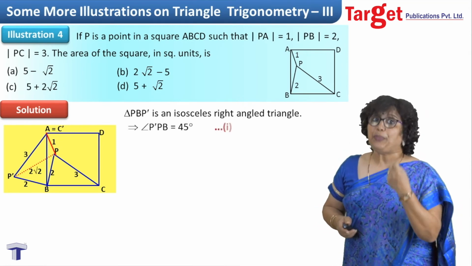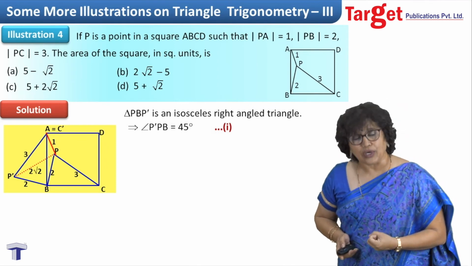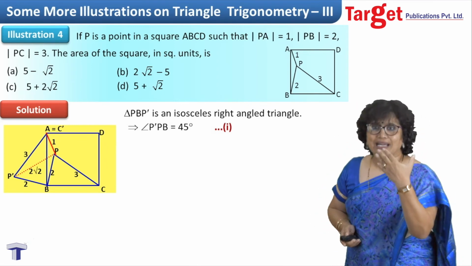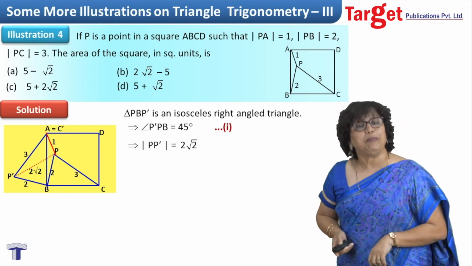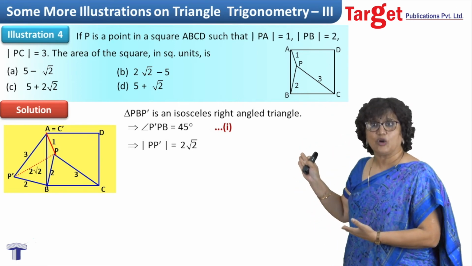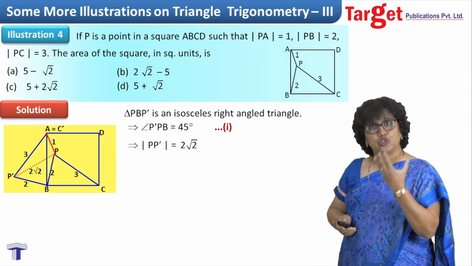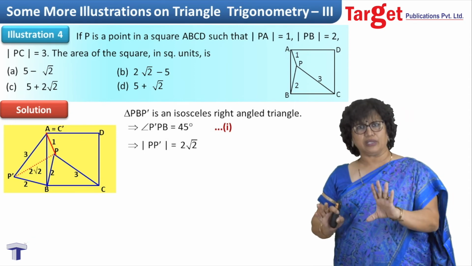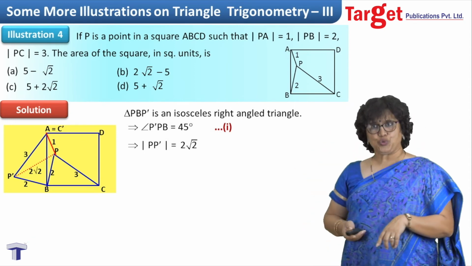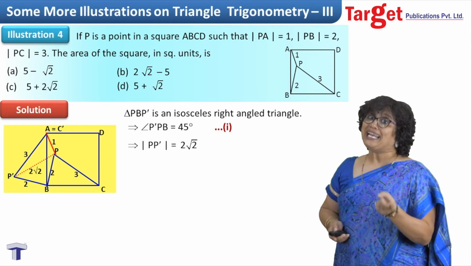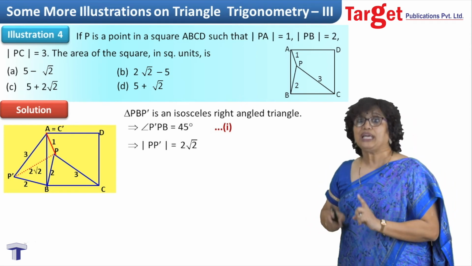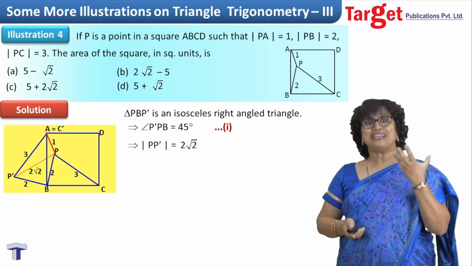So angle P dash PB is 45 degrees. Also, what other things can you see? Since P dash PB is a right triangle, I can also write PP dash using Pythagoras theorem. I have got that as 2 root 2. Length P dash A is actually nothing but PC. So it is the same as 3.